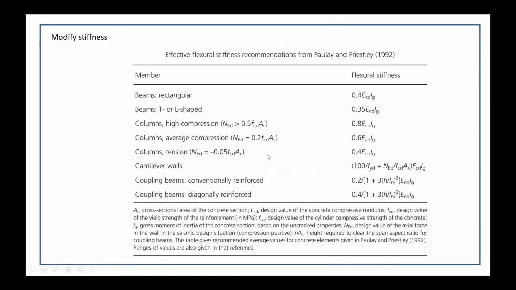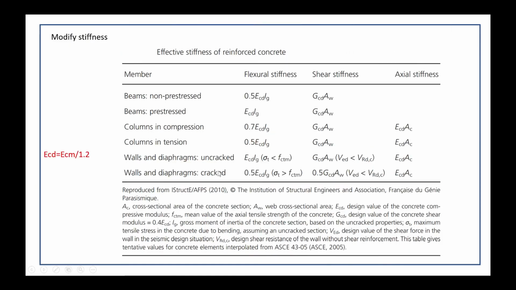You have to make sure the tensile stress is less than the design tensile stress of the concrete. SCTM is the design tensile stress of the concrete. So it indicates the wall is uncracked. You can design uncracked using ECD multiplied with IG.